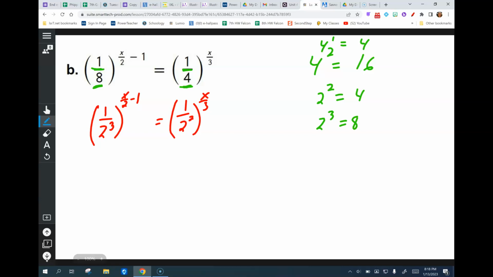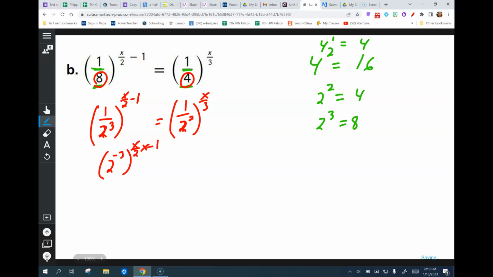So I took 8, rewrote it as a power of 2. I took 4, rewrote it as a power of 2. Now, I have them in the denominators. How can I make them just come up? Well, if I make it a negative exponent, so if I write it as 2 to the negative 3, because it was in the denominator, now becomes a numerator.